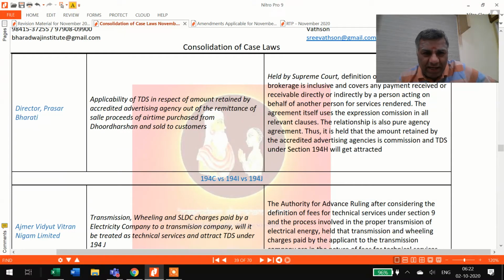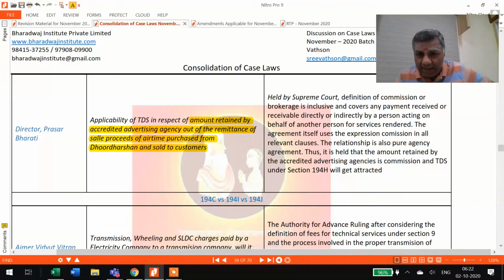Applicability of TDS in respect of the amount retained by an accredited advertising agency out of the remittance of sale proceeds of airtime purchased from Doordarshan and sold to customers. There was a CBDT circular which said commission is not applicable, but now it is held by the Apex Court.